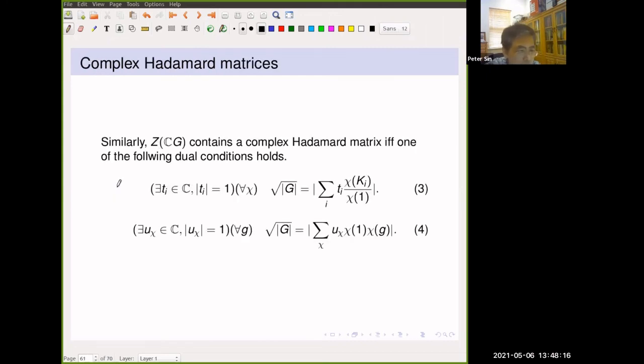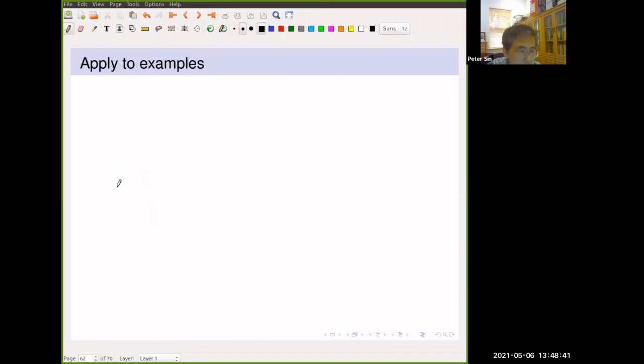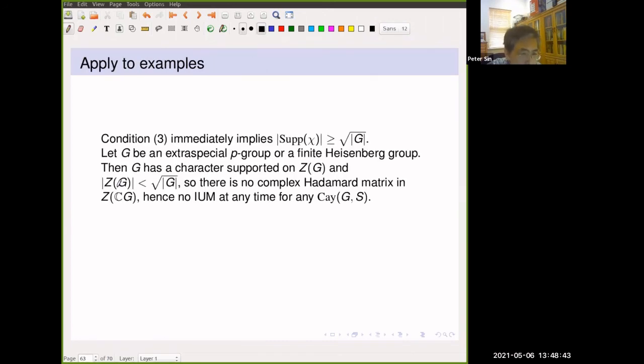If I take absolute values of the right-hand side, by the triangle inequality it is less than or equal to the sum over i of chi of ki over chi of 1, which is really just the sum over the group of chi of g over chi of 1. So that number will be less than or equal to the size of the support of chi.